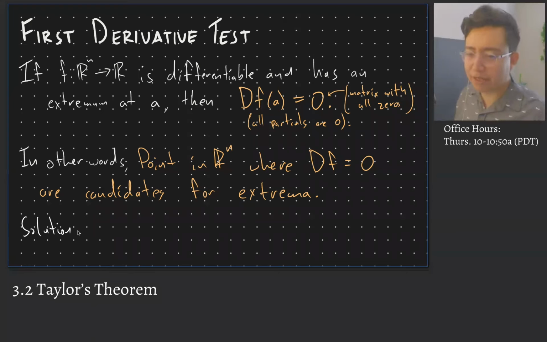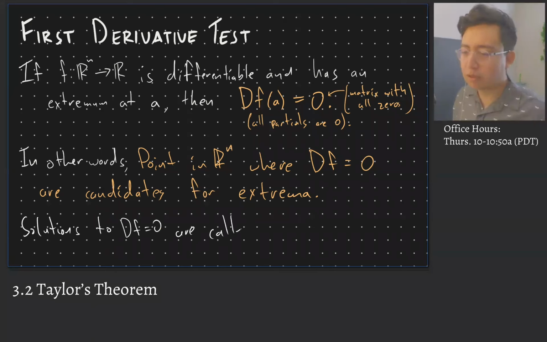So solutions to df equals 0 are called, and I spoiled it with the problem, they're called critical points.